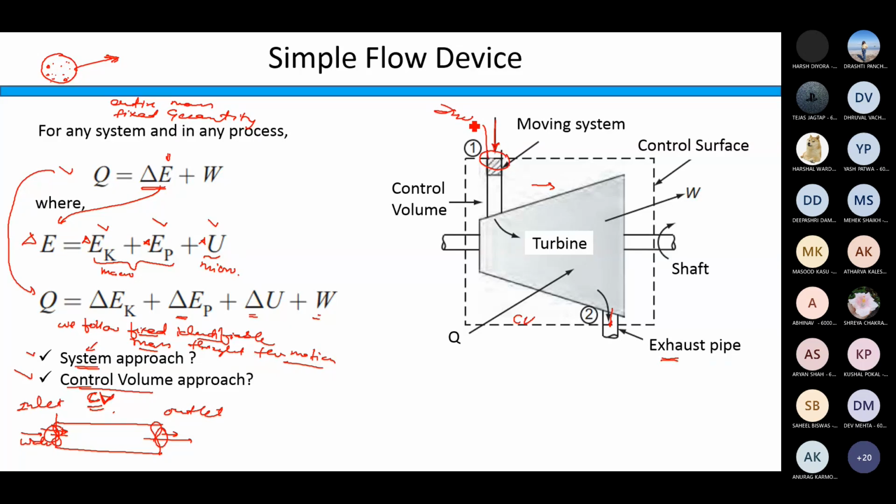So this is inlet for me, and I will look at what is the interaction happening at this boundary. Same way, if you look at the shaft, I'm getting some work output because turbine is a power producing device. So the work is extracted using the expansion of this gas, right? So this is the work of expansion. So I'm treating this as interaction at the boundary.